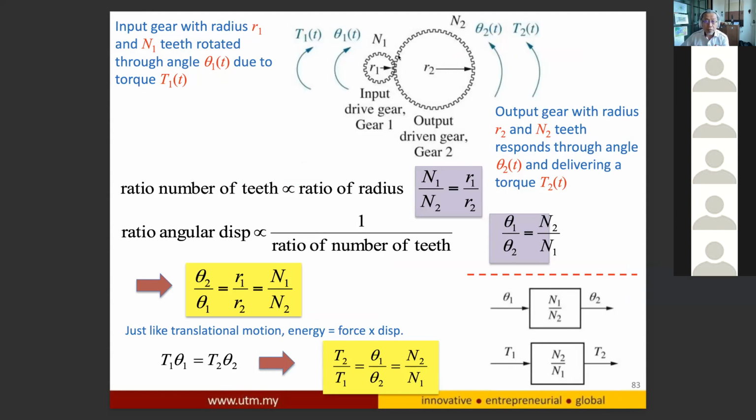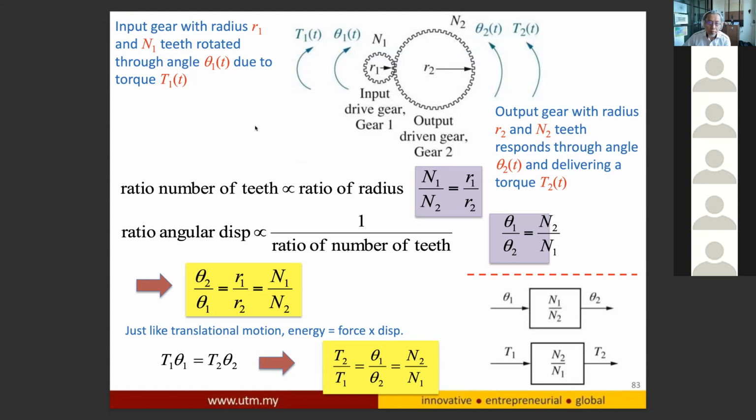Each gear has teeth. Gear 1 has a number of teeth represented by N1, and the number of teeth for gear 2 is represented by N2.